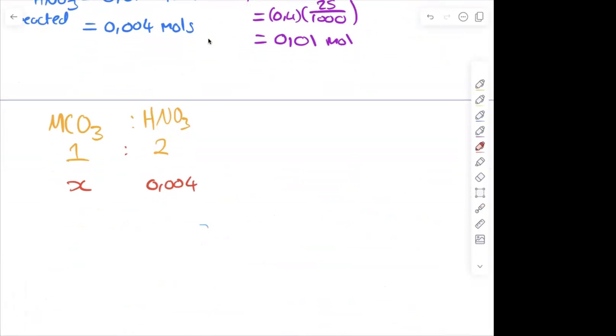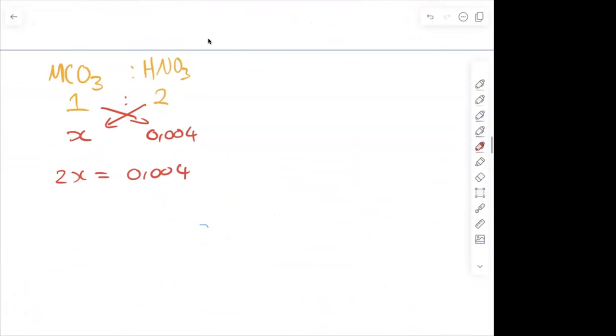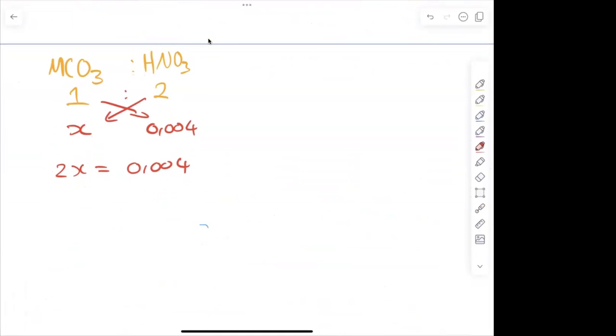Cross multiply: 2 times x, 1 times that. We then know that 2x is equal to 0,004. And if we divide both sides by 2, we know that the number of moles of our MCO3 is going to be 0,004 divided by 2, which will give us 0,002 moles, right?